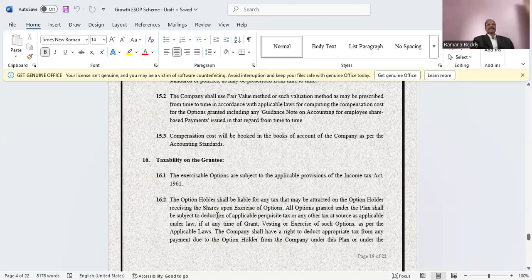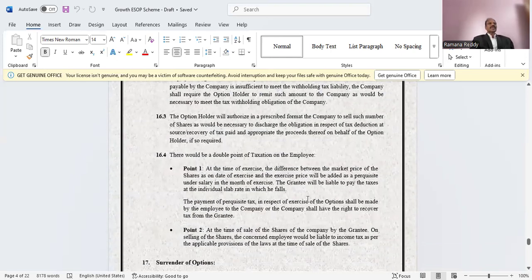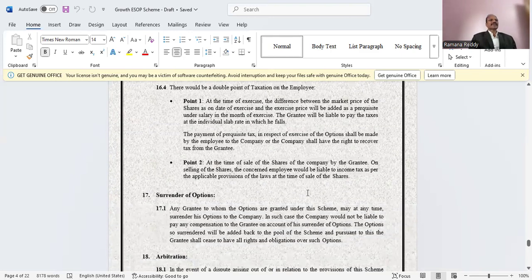So it is two-stage tax: at the time of exercise, it is treated as a perquisite, and at the time of selling of shares, it is a capital gain tax. This has to be paid by the employee only, not by the company. So there is double-point taxation.